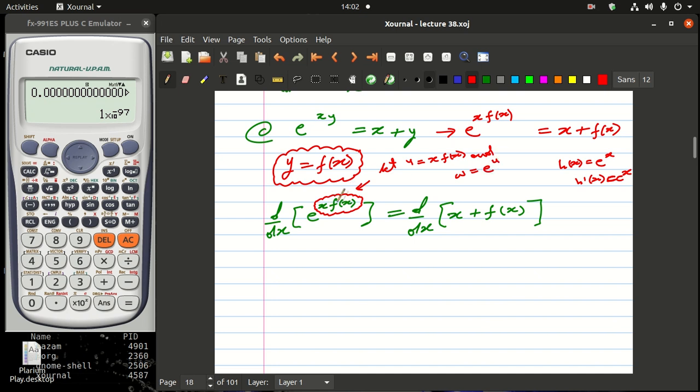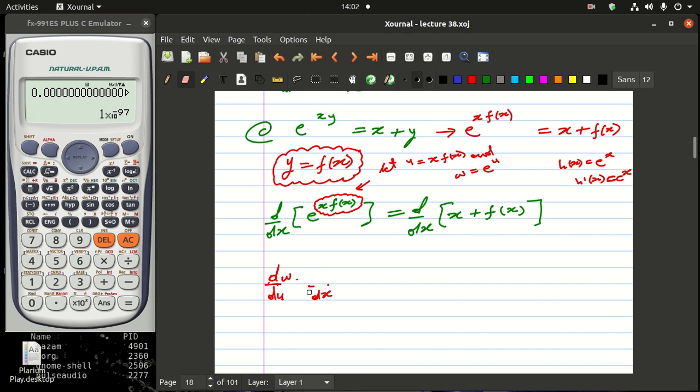So I'm replacing that whole thing by u, and then this derivative is going to be the derivative with respect to u first, times the derivative of u with respect to the variable that we had there, which is x. So this and that will cancel out, and we're left with w, and w is actually that whole function. So that is what is happening here.